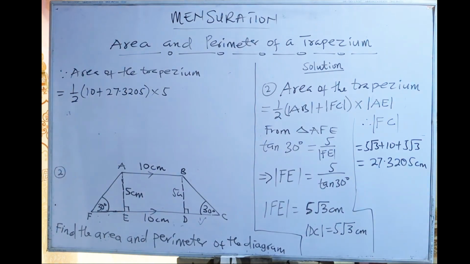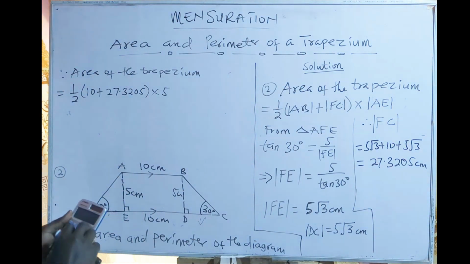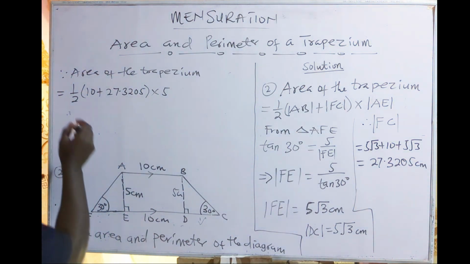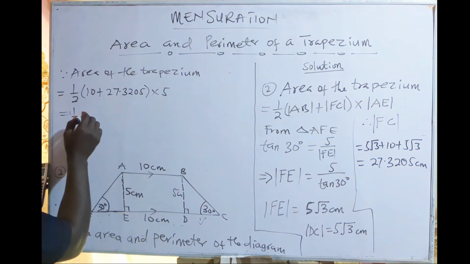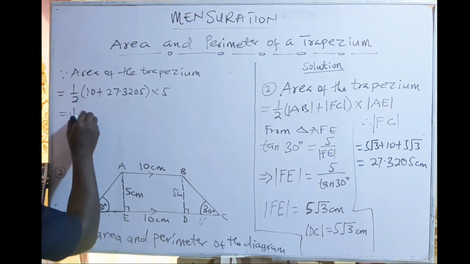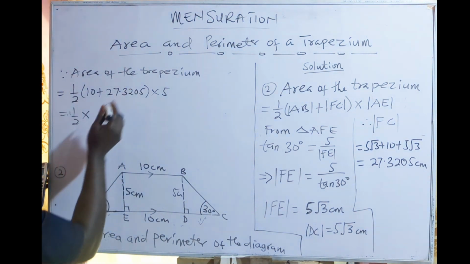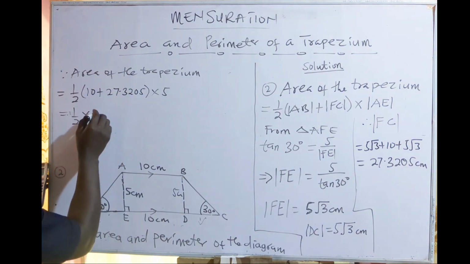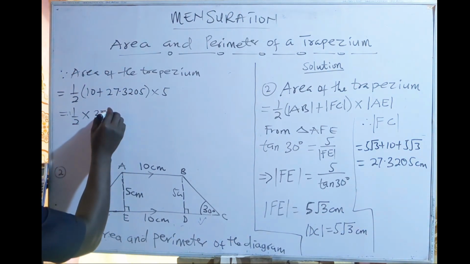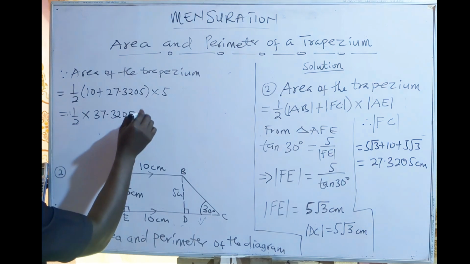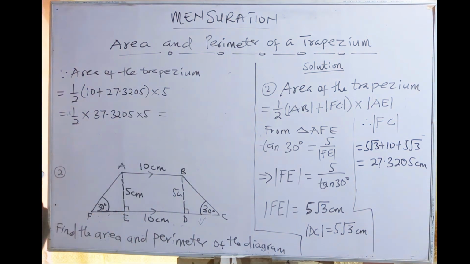So we will have half times 10 plus 27.3205, that is 37.3205, times 5.